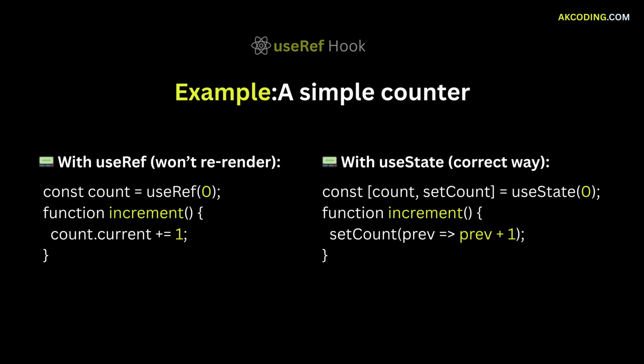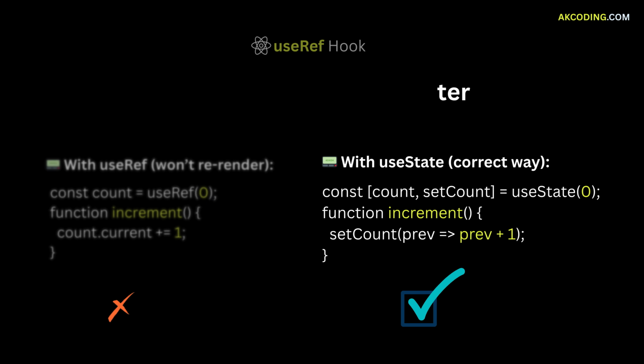The increment function is setCount(prev => prev + 1). The second version is reactive and it will update the value when the DOM re-renders. That's the correct way, and that is what we should usually do.